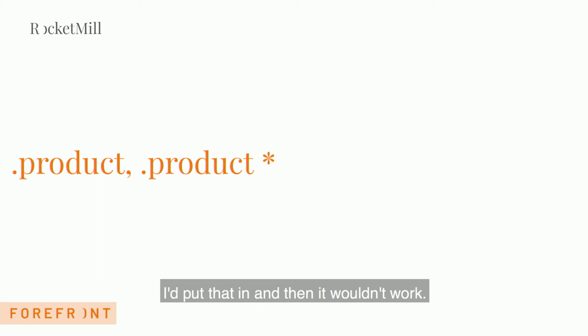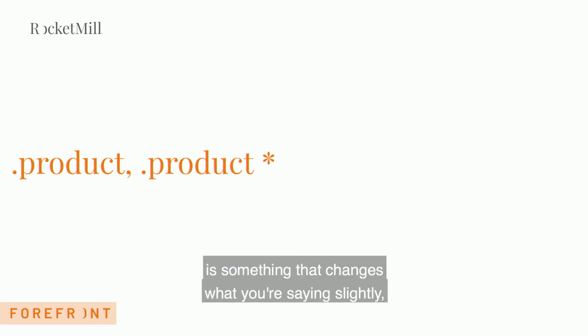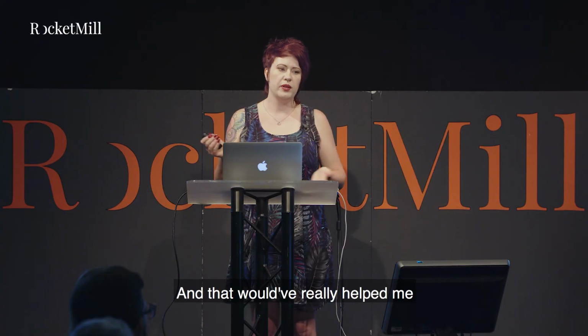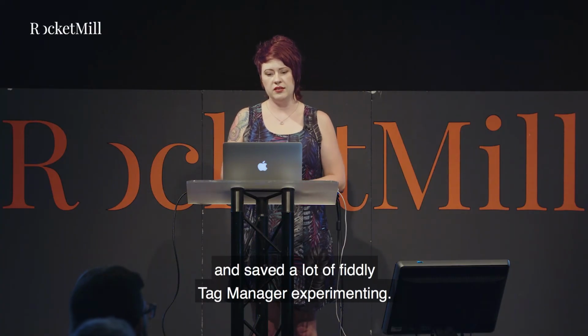I'd put that in and then it wouldn't work. But this little piece of Regex is something that changes what you're saying slightly. So you're not saying just this element with this class, you're saying it's this element and all the elements underneath it. And that would have really helped me and saved a lot of fiddly kind of Tag Manager experimenting.